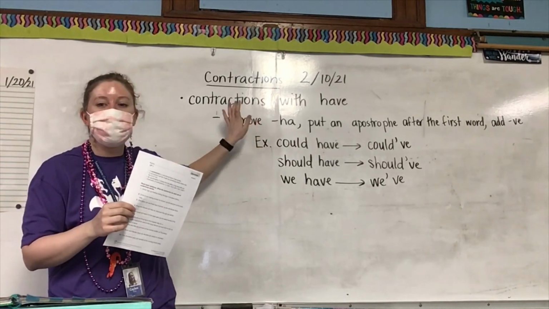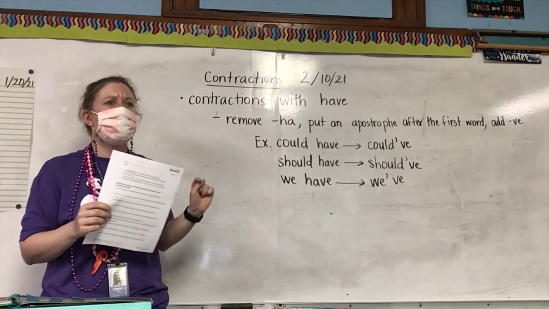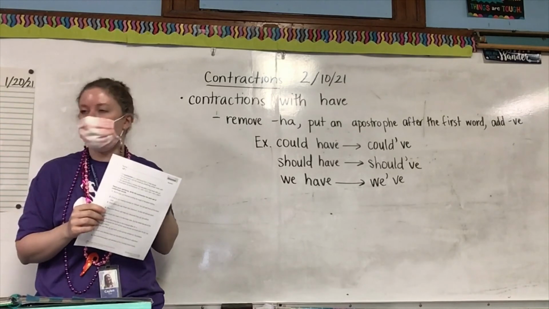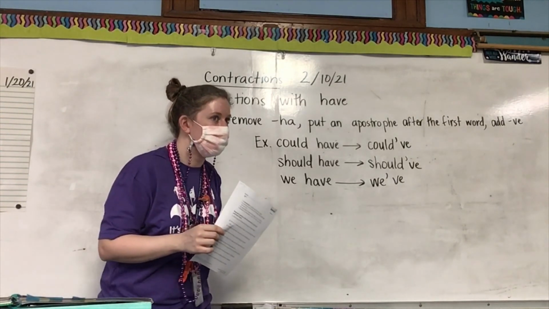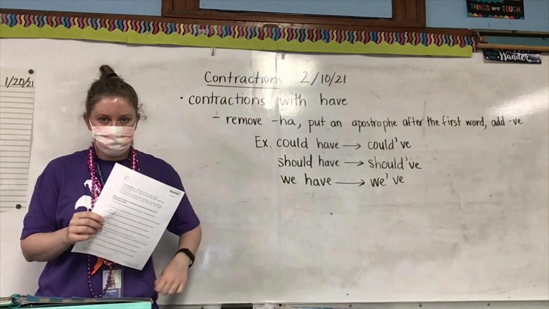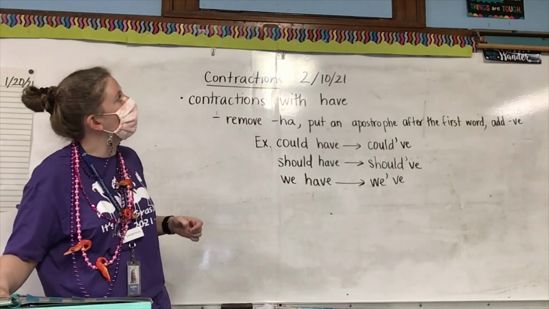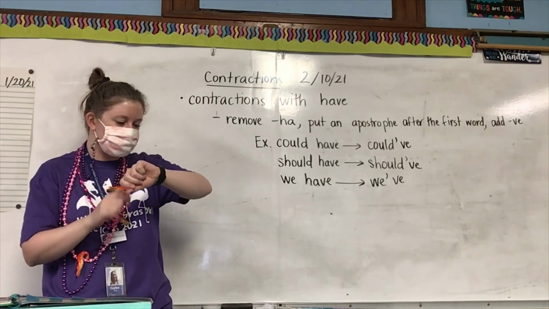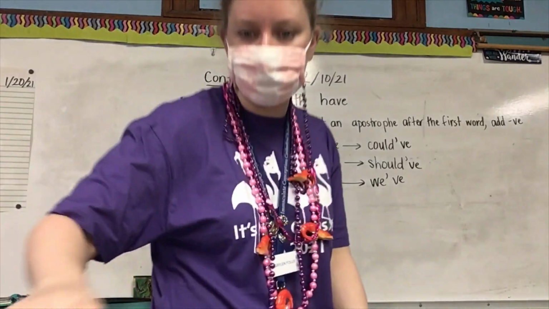You have every single thing you need on your notes. Do you ever change the first word? No. Does the second word ever stay the same? No. So, you have until 1:35 to do that. That is like 7 minutes. If you have questions, I will come around and answer them.